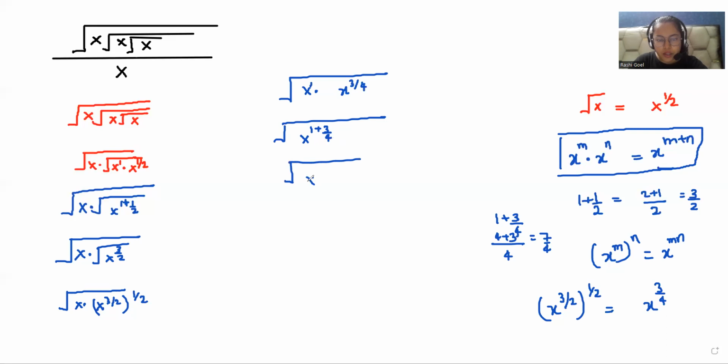The root of x power 7 by 4, so again I'm using that root of x is equal to x power 1 by 2. So x power 7 by 4 power 1 by 2. I'm using the identity x power m power n is equal to x power m n. So 7 by 4 multiplied by 1 by 2, that is 7 by 8. So x power 7 by 8.